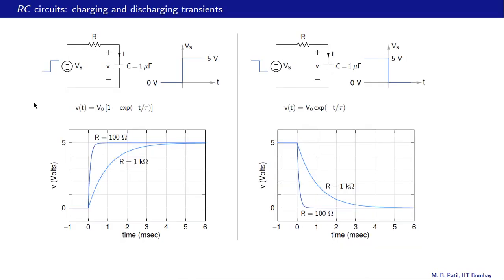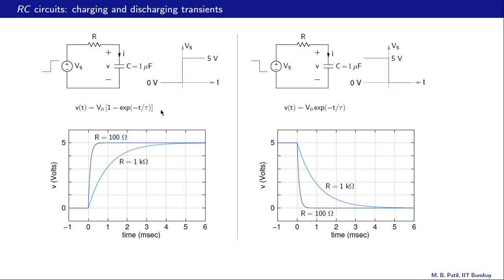Let us now look at the effect of the time constant on the capacitor voltage transient. First, let us consider the charging case, in which the source voltage changes from 0 volts to 5 volts abruptly at t equal to 0, and as a result the capacitor voltage also changes. It follows this equation which we have derived earlier.